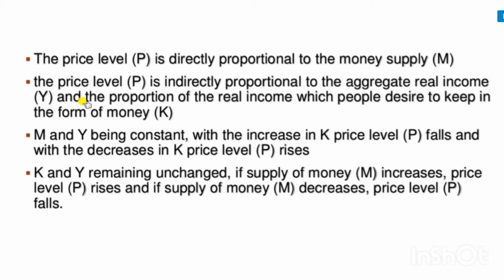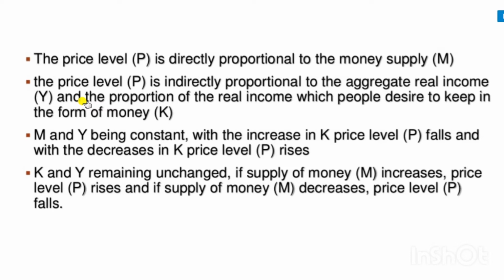But if the price level rises, then aggregate real income will fall because of the inverse relation between them. And the proportion of real income which people desire to keep in the form of money, k, also falls if the price level rises.